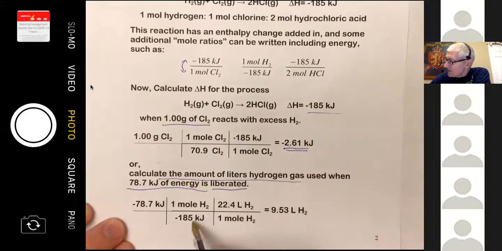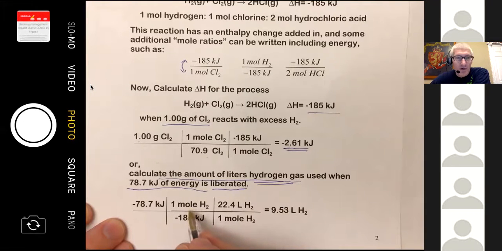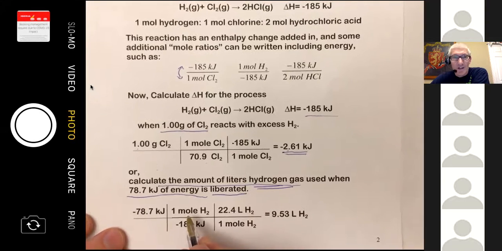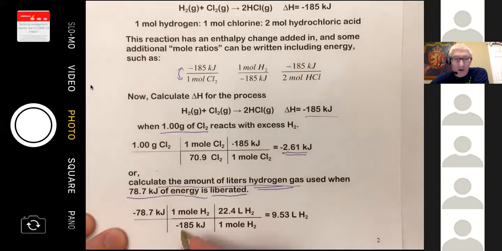And because I'm doing this for hydrogen gas, I have to use the right number of moles of hydrogen gas, which was 1 mole. So for every 185 kilojoules of energy given off, that's associated with 1 mole of hydrogen. Because it talks about liters, we use our magic number for liters, 22.4, and then that's the math.